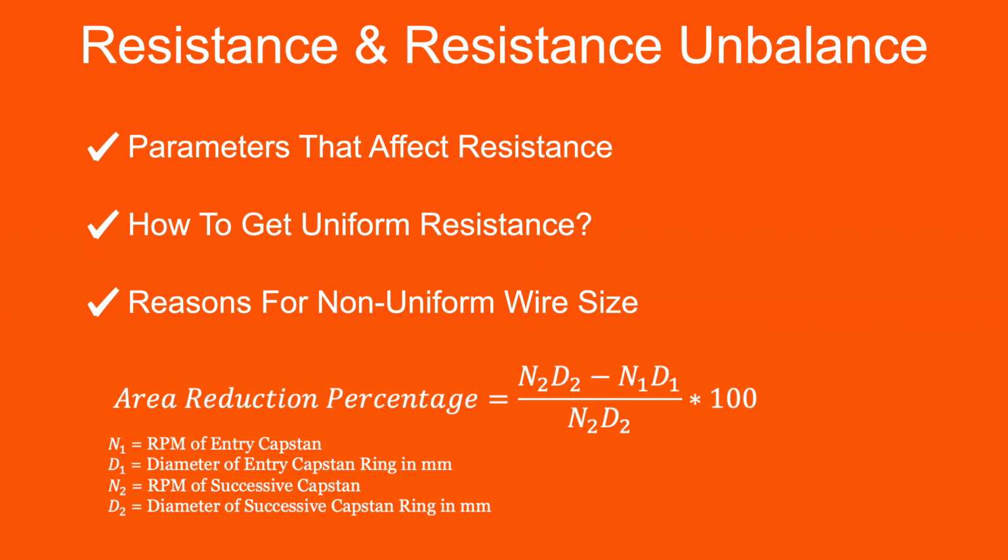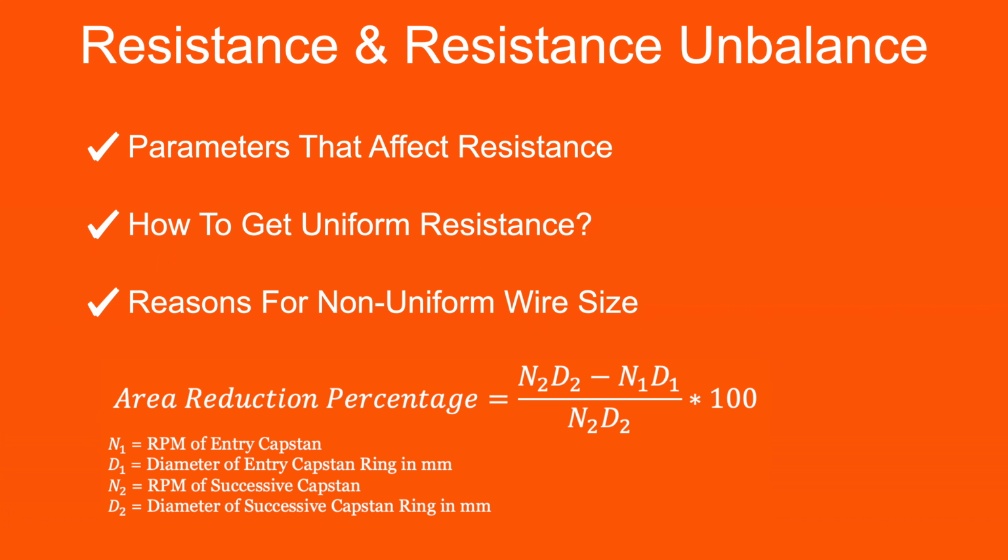The most common reason for getting variation in diameter on any wire drawing machine is excessive slippage. This slippage causes continuous jerking in the wire and also continuous rubbing of wire surface with the capstan rings, resulting into excessive heat generation and dust generation.